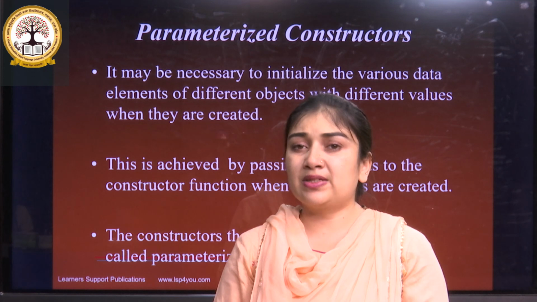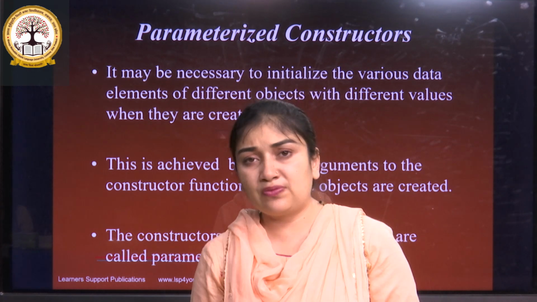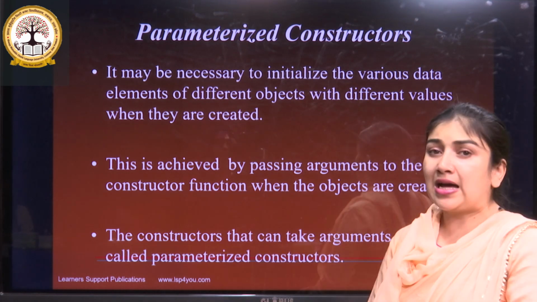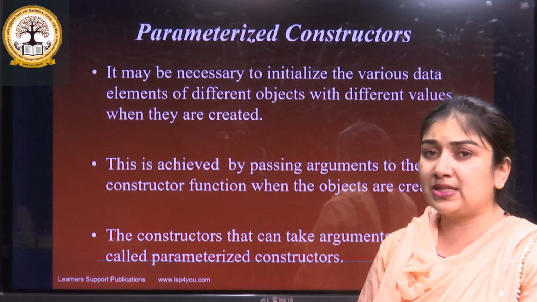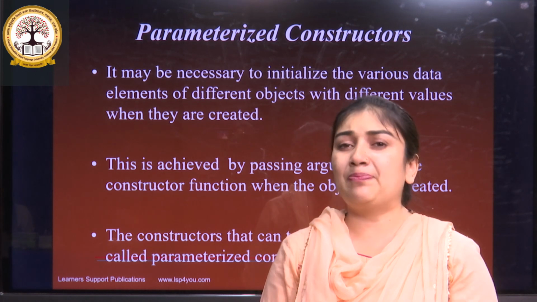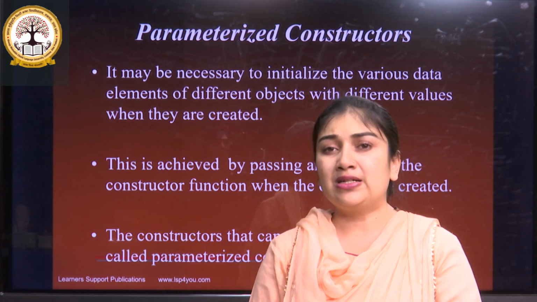Different objects can have different values for the different members of the same class. This is achieved by passing arguments to the constructor function whenever the objects are created. If we are not intentionally passing values, all values will be initialized to 0.